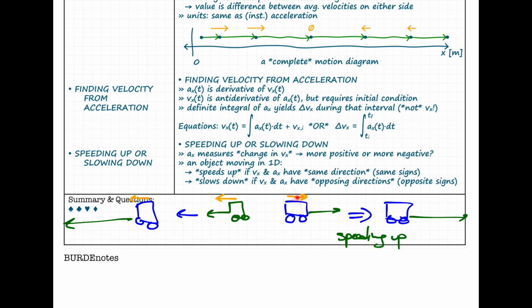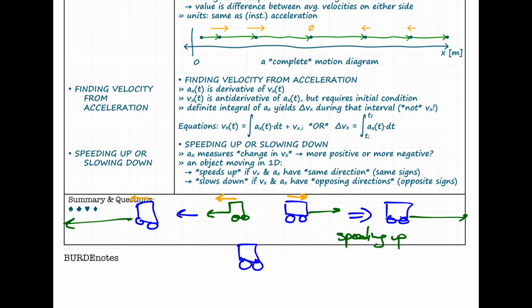If the acceleration and the velocity are both positive, we're adding a positive to a positive number, which gives us a bigger positive number, a faster speed. If we're adding a negative change to a negative value, that gives us an even bigger negative value, which means we're going faster, but faster in the negative direction, faster to the left.